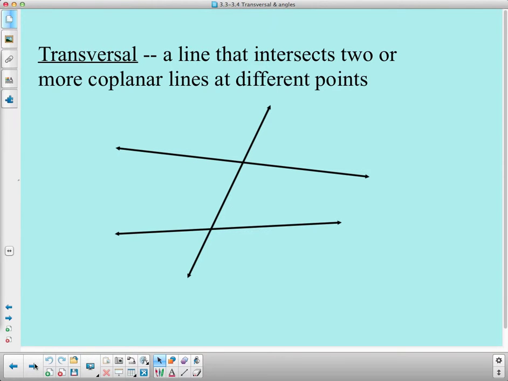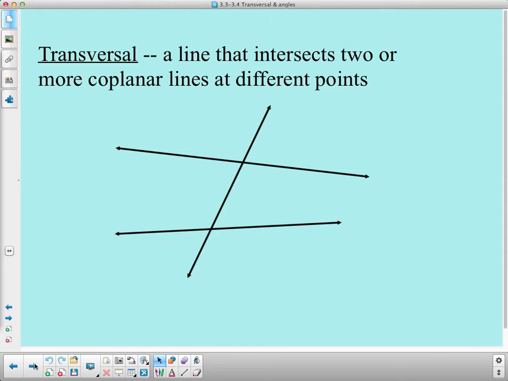When we have two lines and a transversal, as the picture shows up there, how many angles are formed in that picture? It makes 8 angles, 8 different angles.